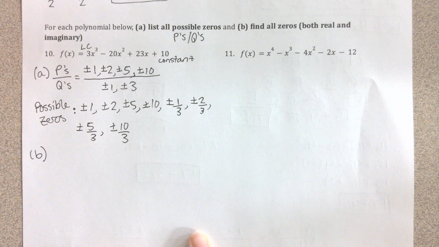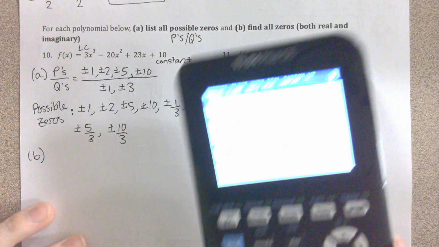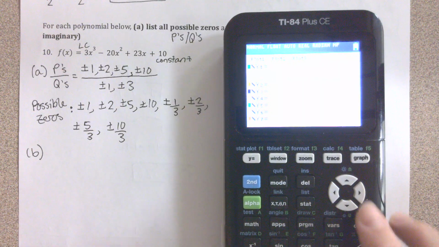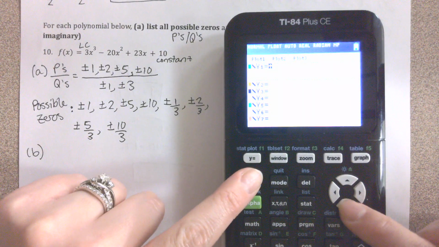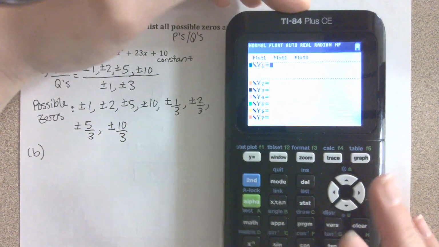B, find all zeros, both real and imaginary. So we're actually going to use our calculator to help us out with this part. Let me adjust the brightness here. All right, this should be good.